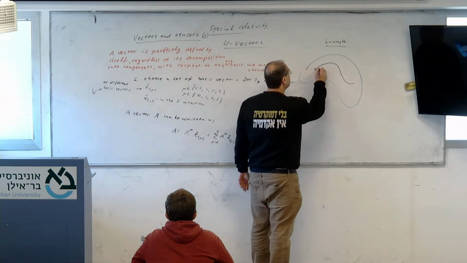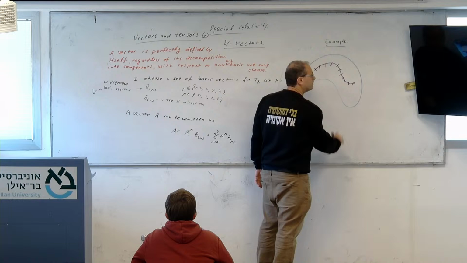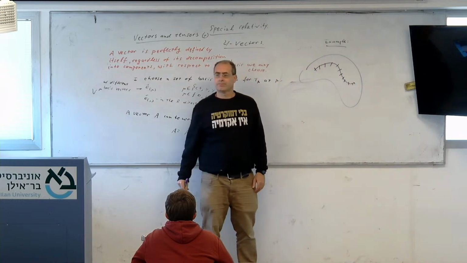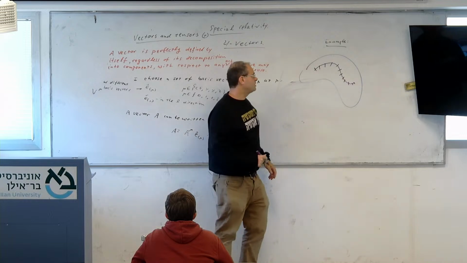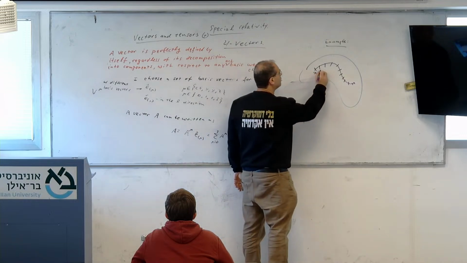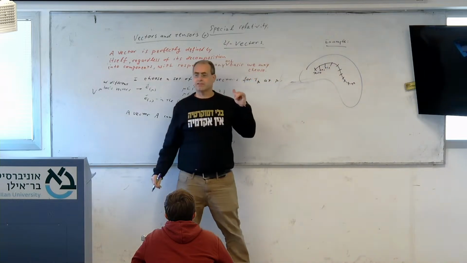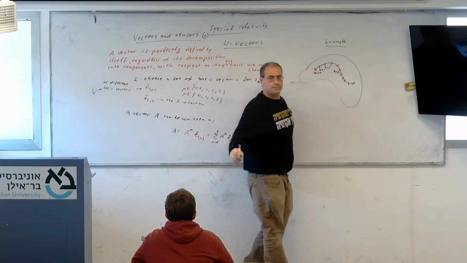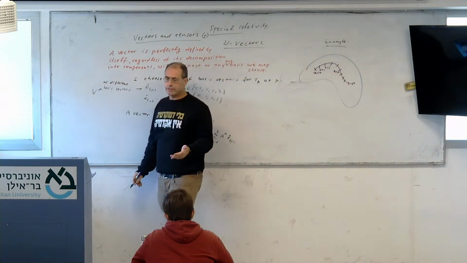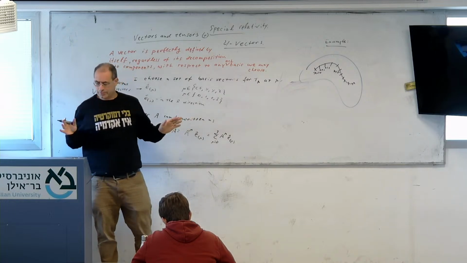Then I can tell you where I am, and I say, okay, this is my path, and there is a parameter lambda. So this is lambda equal to 0, lambda equal 1, lambda equal to 2. Then you can give me a call, ask, hey, where are you, Asaf? Oh, I'm in lambda equal 5. And you know where I am. I specify a path, and I'm allowed.